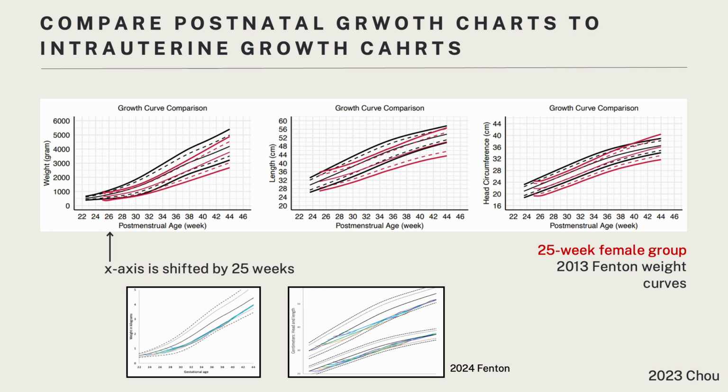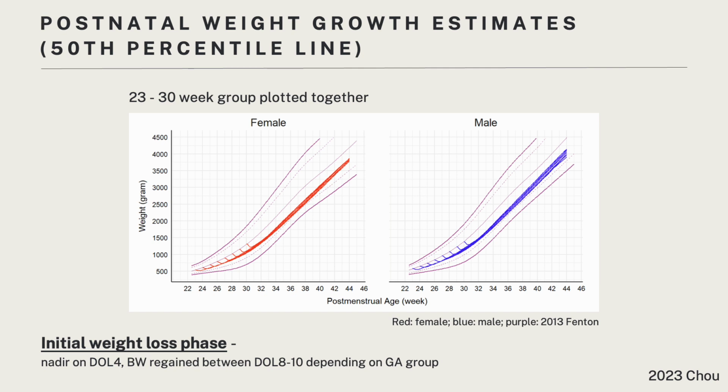These differences between intrauterine and postnatal growth patterns look familiar. We have seen them in an earlier slide. The median weight growth trajectories for each group between 23 and 30 weeks were plotted together against the 2013 Fenton growth chart for comparison.